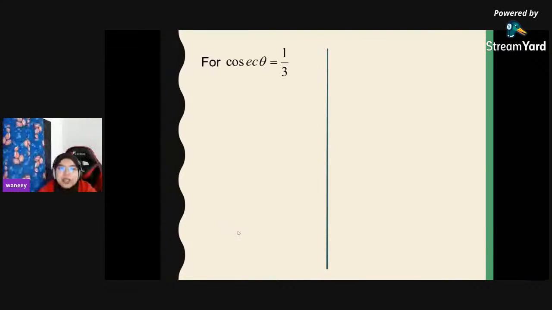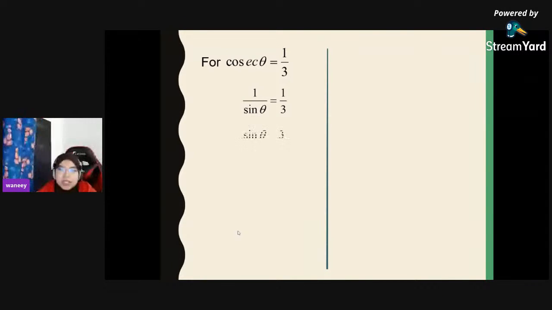Okay, so the first one, cosecant theta is equal to 1 over 3. So change cosecant, cosecant is 1 over sine equal to 1 over 3, and then you simply take the reciprocal. So you will end up with sine theta equal to 3. Now we got to think a little bit.